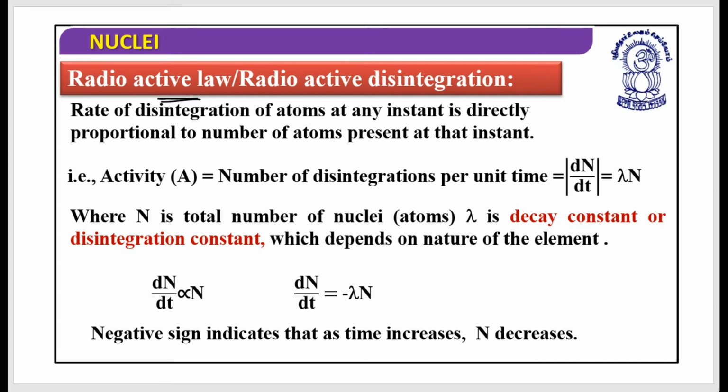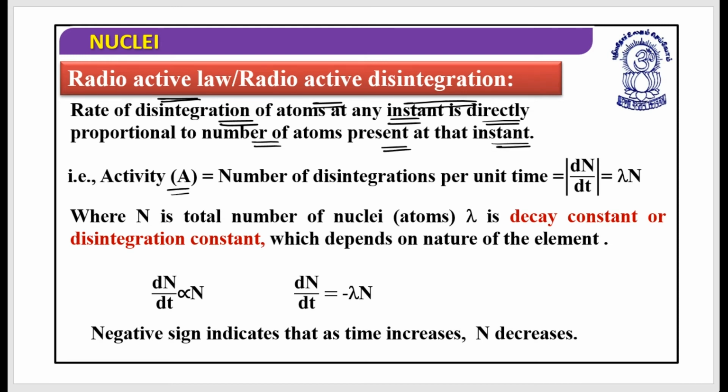Now let's discuss the radioactive law, or radioactive disintegration. Basically, the rate of disintegration of atoms at any instant is directly proportional to the number of atoms present at that instant.